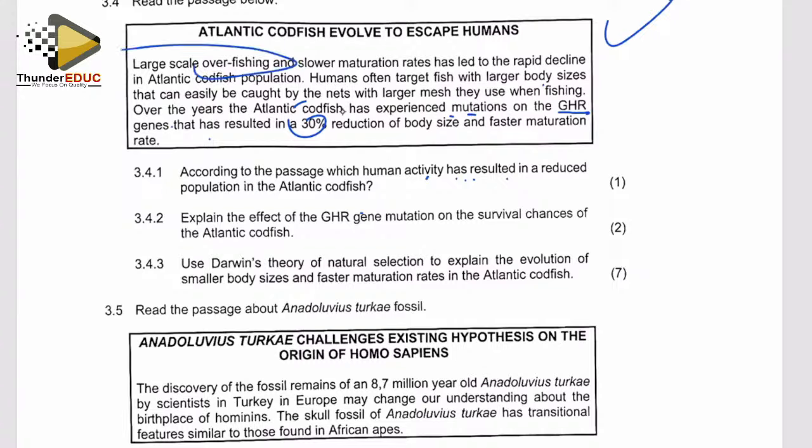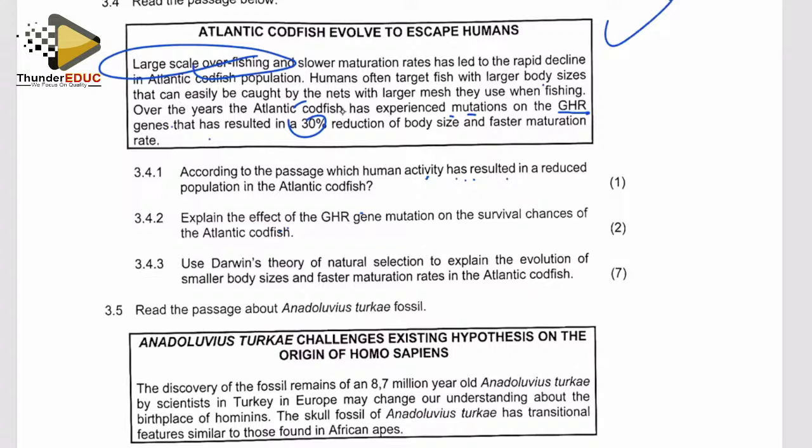Basically, if we see that there is large scale overfishing, then they are saying: explain the effect of GHR gene mutation on the survival chance of Atlantic cod fish.